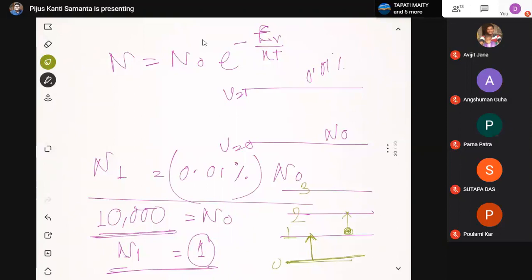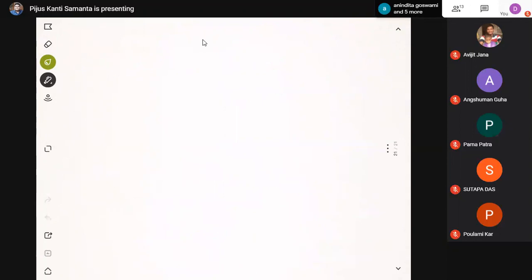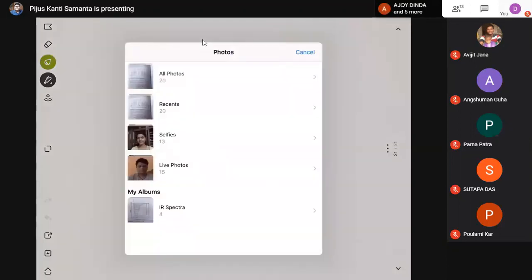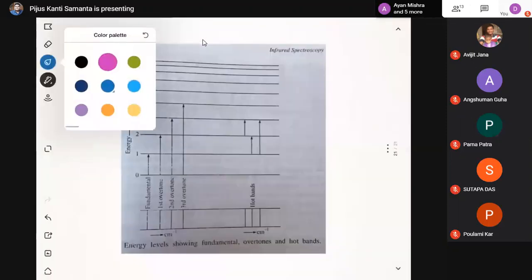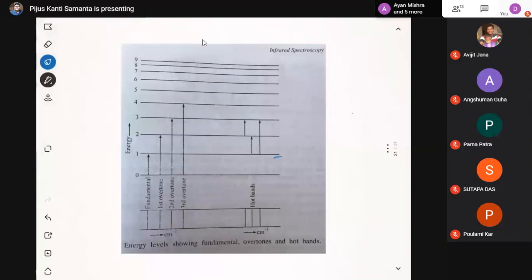So when do we observe these bands? When the number of molecules in the higher state is large, which happens if we increase the temperature. If we increase the temperature, there will be more molecules in the V equal to 1 or V equal to 2 state.